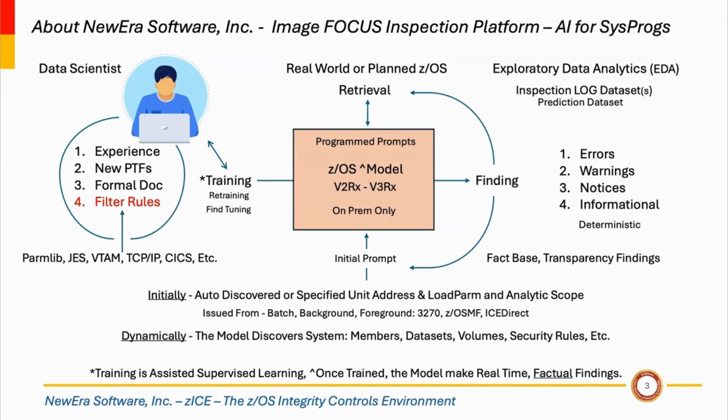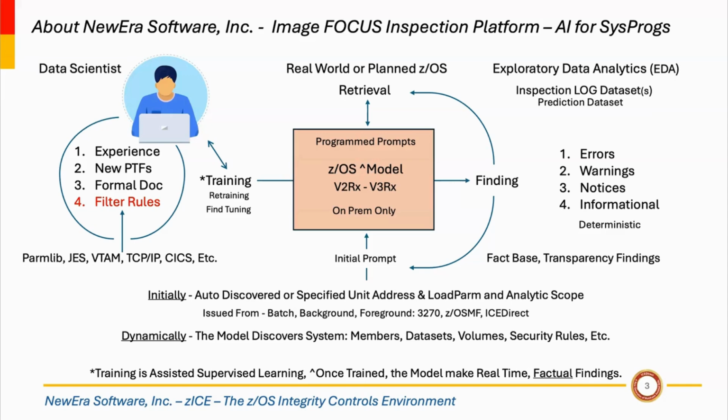Once the process begins, the pre-programmed prompts begin to access the system, asking it for additional information. And as the information comes in, the rules are applied against it, and then subsequently additional prompts are asked of the system, and then new rules are applied.